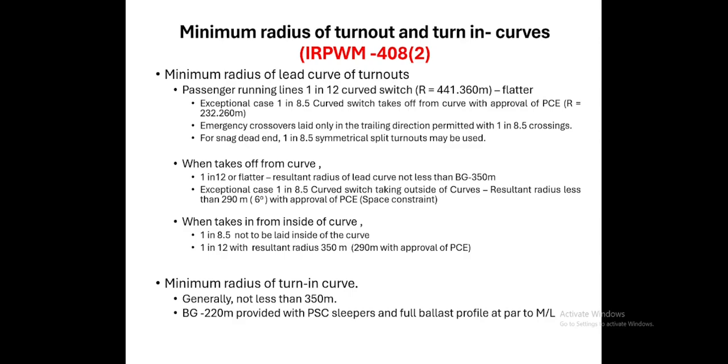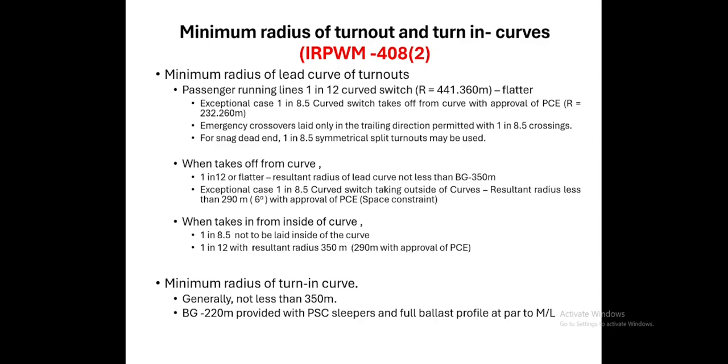At the same time, the resultant radius of the turnout, because of the contraflexure and the curvature of the main line, should at no cost be sharper than 350 meters. But of course, when you provide 1 in 12 or flatter in case of contraflexure, on a curved line it will always become further flatter. So 441 will be more only.